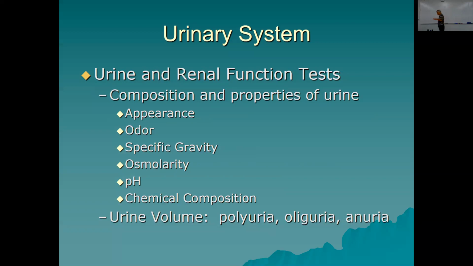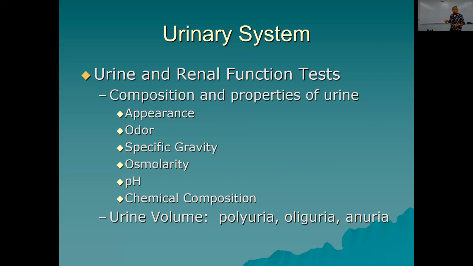Because we'll be spinning it down and looking at the cells. So, urine volume. Usually, if you drink the amount of water you should and you stay relatively hydrated, the average amount of urine produced by a person a day, I think, is 1.5 liters. If you make more than that, it's called polyuria, and you can make many more liters than that, if you're really overhydrated.